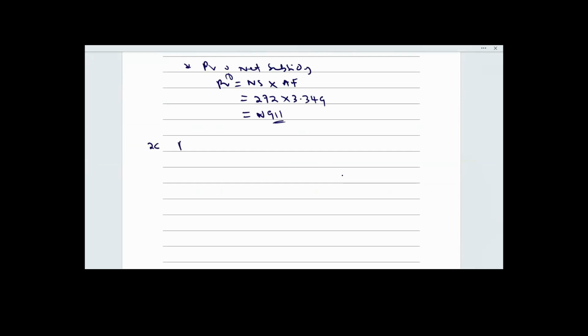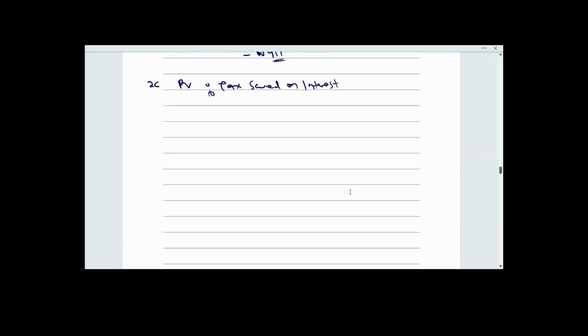2C. So we want to calculate the PV of tax saved on interest. Let me manage this space so that I don't go to another page again. For the PV of tax saved, the first thing you need to do is to accumulate all interests.